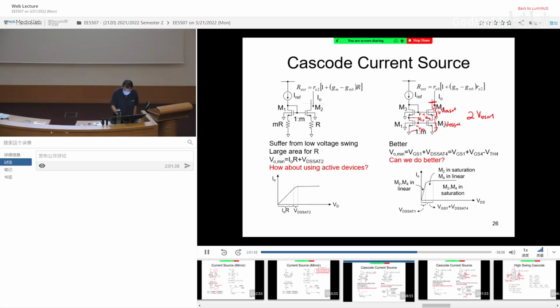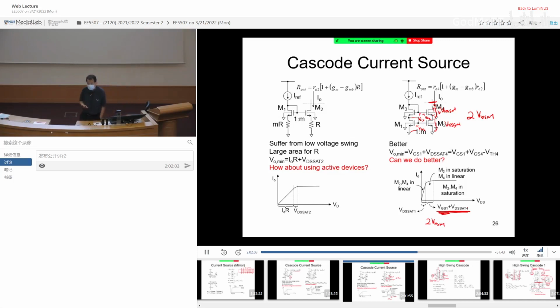So actually the minimum at this point is given by VDS set plus VGS1. The minimum we can go is actually 2 VDS set, but because of this biasing, the minimum we can go is this guy. It's larger. So although this is better than a resistor, it's still not that good.